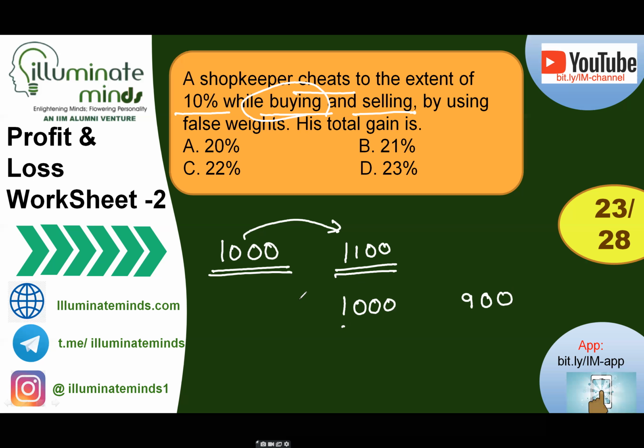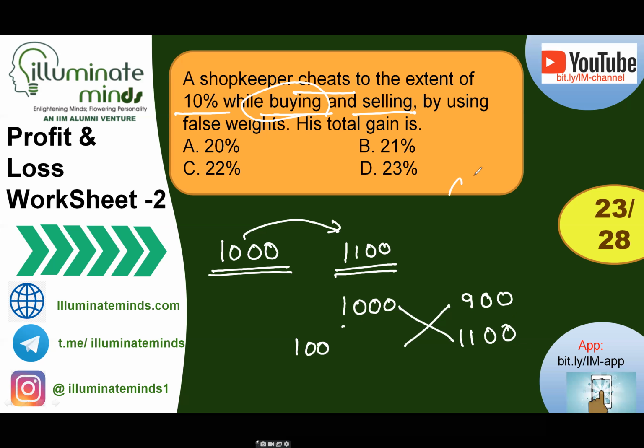Now since he has got 1,100 grams, on selling 1,100 grams, how much will he make from the revenue? He has got 1,100 grams of rice, and while he sells 1,000 grams, he gives only 900 grams. So if he sells 1,100 grams of rice in the same ratio, how much money will he make?